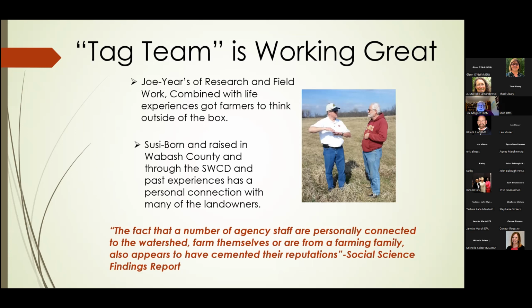And because I've spent a lot of time looking at different best management practices and practices that are a little bit outside of the box, we were able to talk about things like oxbows, which I'll get to in just a few slides.